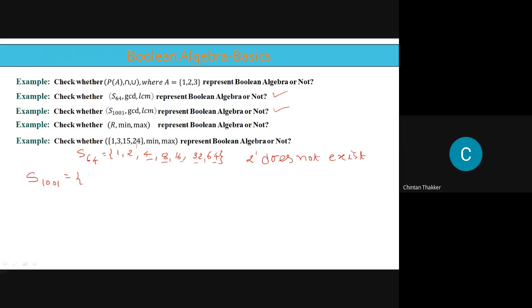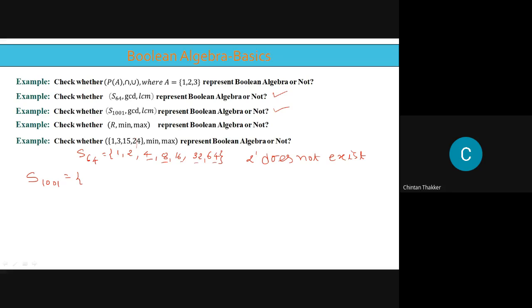Write the elements of 1001. It is not divisible by 2, not divisible by 3, not divisible by 5. Check for 7.